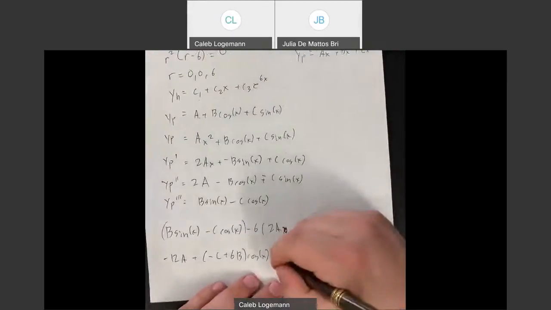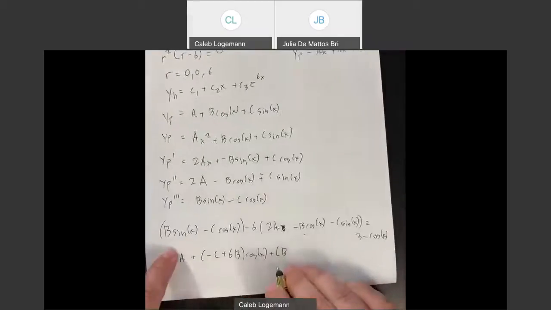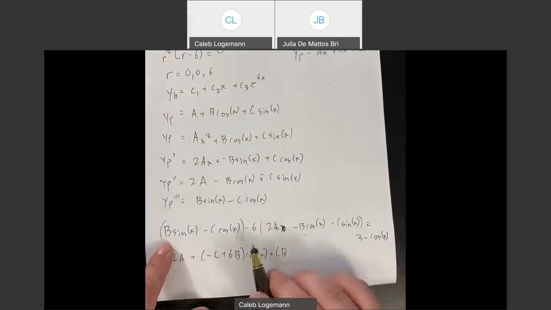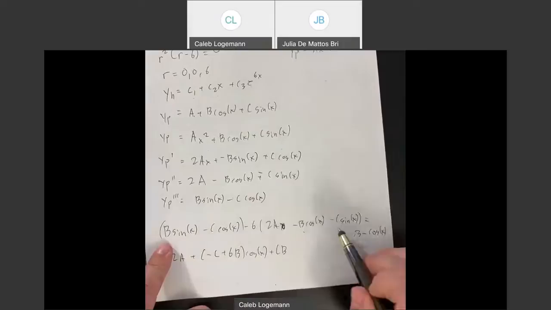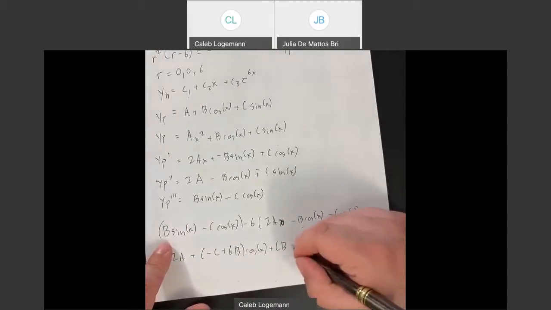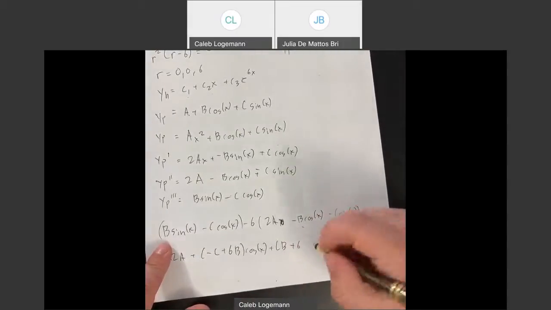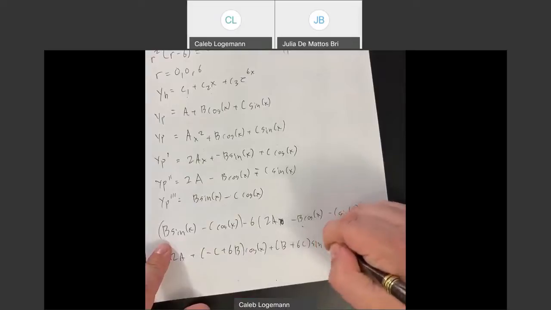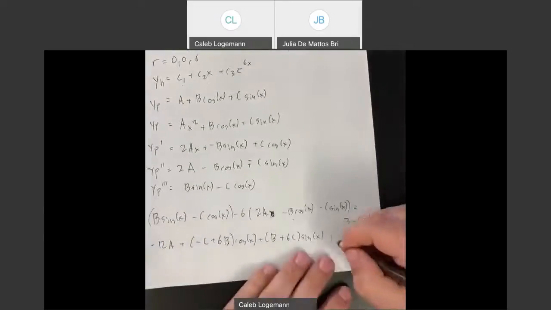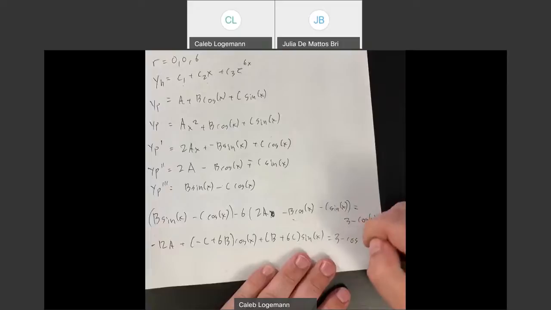And then our sines, we have plus b, and then minus 6c times minus 6 times minus c is going to be plus 6c times sine. And so that equals 3 minus cosine.